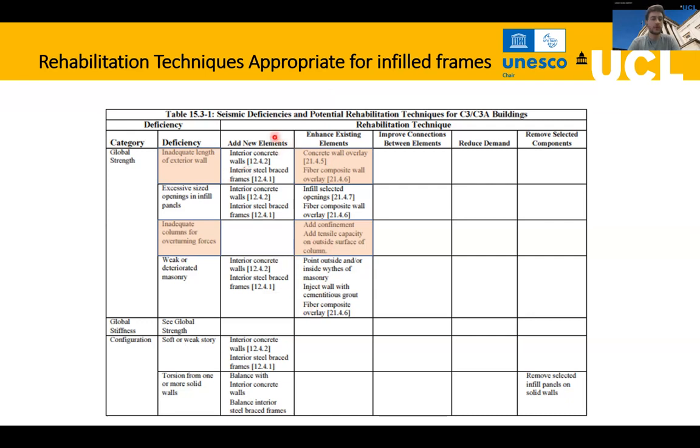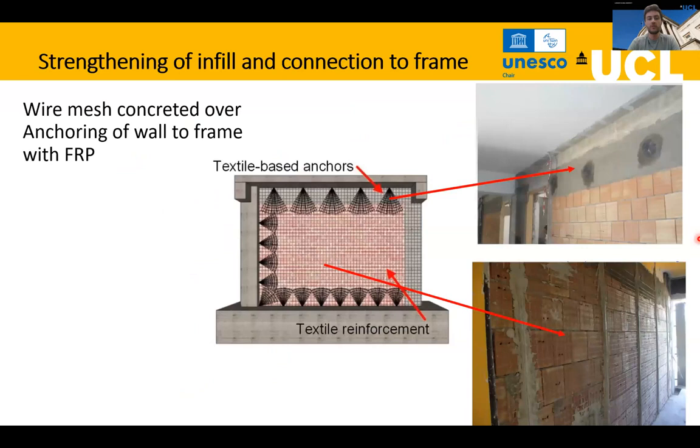We already saw how adding new elements can be done through the implementation of steel braces or shear walls, and how enhancing existing elements can be done through the jacketing of columns and structural members. But since here we are talking about infill, we can also enhance the performance of the infill to avoid, for example, out-of-plane failure and to generate a better behavior in plane.